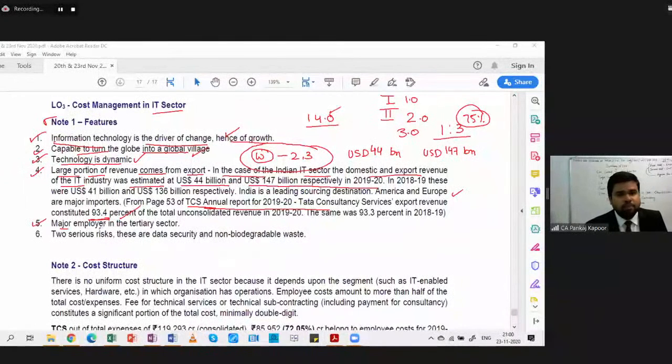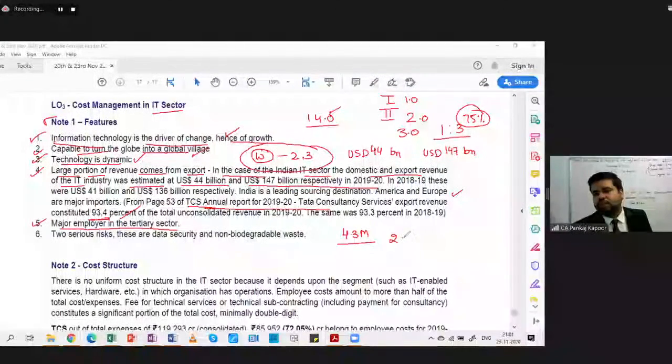Moving further, it is a major employer in the service sector. In the total IT, IT enabled and hardware related sector, a total of 4.3 million people were working at the end of December 2019, and this data is as per the website of IBEF.